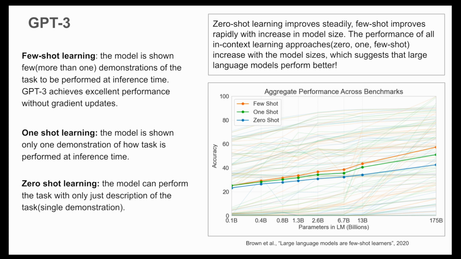So the bigger the model, the better the results in few-shot or one-shot learning. The performance of all in-context learning approaches, either zero, one or few shots, generally increases with the model size, which does suggest that large language models perform better.